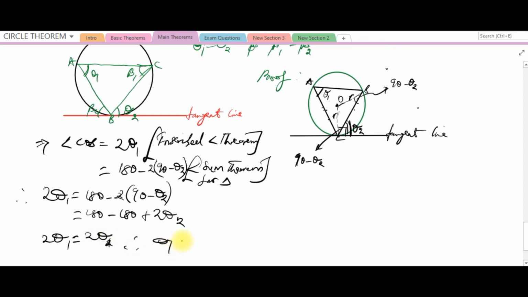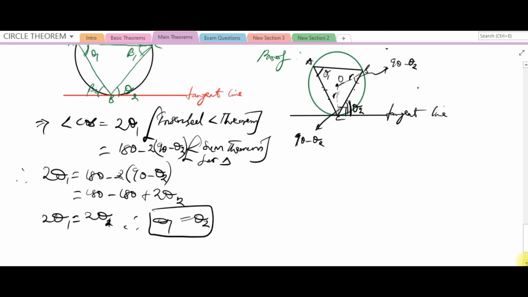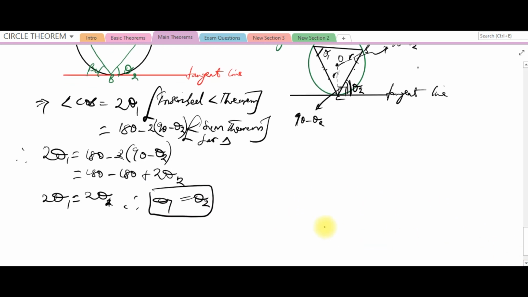Therefore, theta 1 equals theta 2. So we've proved the alternate segment theorem, and we'll stop here. Let's go to the main thing, which is to solve exam questions, technical questions using these theorems. Thank you.